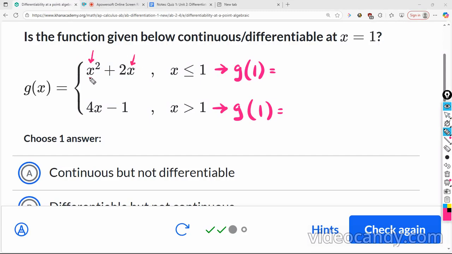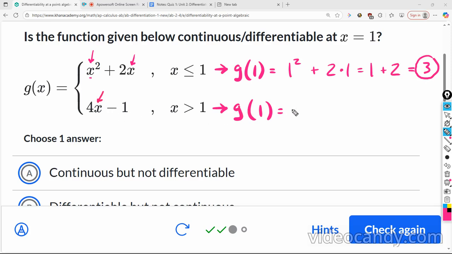So it's going to be 1 squared plus 2 times 1. One squared is 1. 2 times 1 is 2. And of course, 1 plus 2 is 3. In the second function, we're plugging in x equals 1 right here.